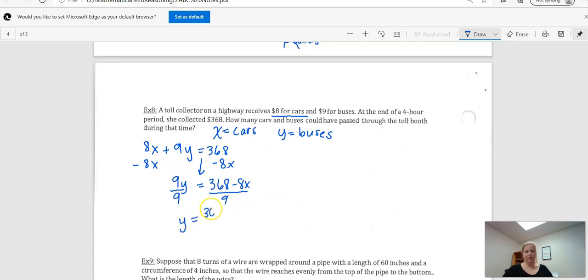So 368 divided by 9 minus 8 divided by 9. And that's going to get me, this is 46. This stays 8/9 times x.